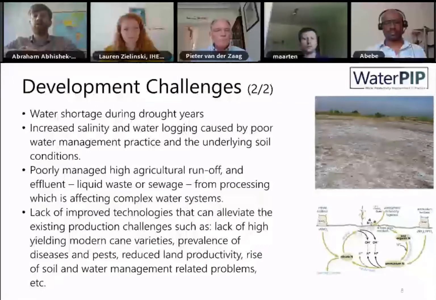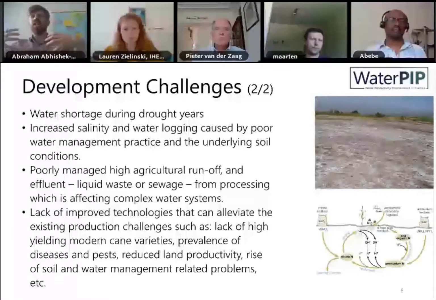And there's quite an amount of liquid waste or sewage from processing plants, which in turn affects river systems, where the effluent is running to. Another challenge is this lack of improved technologies that can actually improve the existing production.